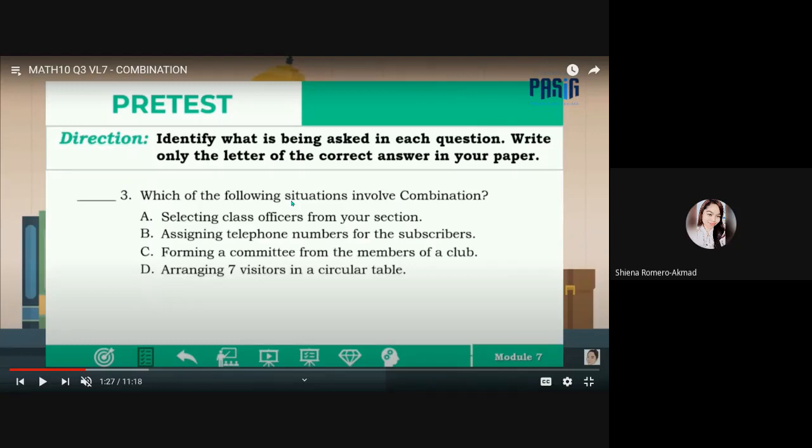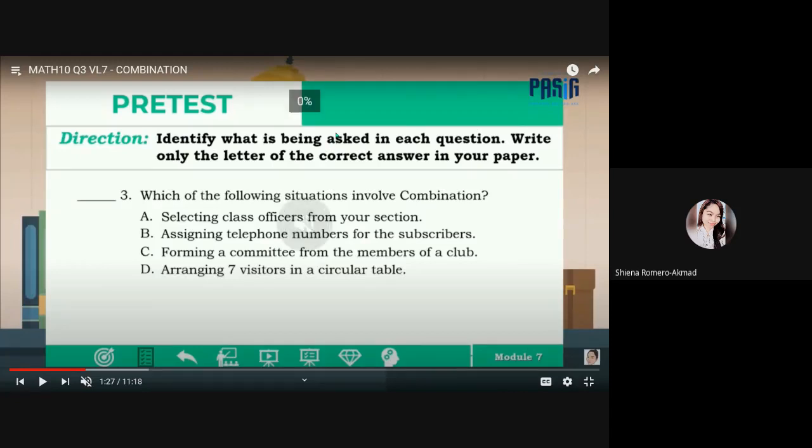So, may mga posisyon, dahil may mga posisyon yan, order matters kung sino yung nauna mong pinili for the president, sino yung pinili niya for the vice, and so on. Doon naman sa letter B, explain na natin lahat ha. Doon naman sa letter B, assigning telephone numbers. Remember sa telephone numbers, magkamali ka lang ng isang number, iba na yung matatawagan mo.